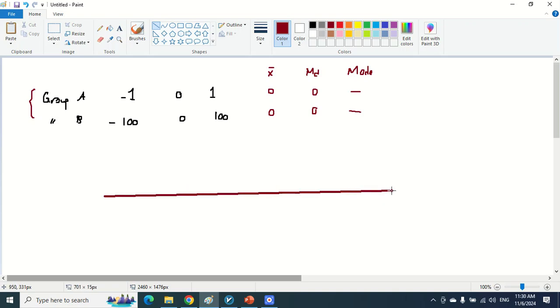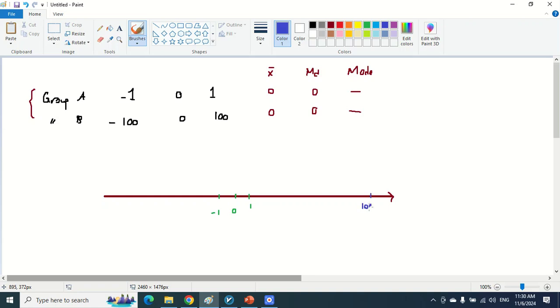Means that if I assume the real line over here, and I locate the points, the 0 is there, and we can consider 1 here and -1, this is the first group, but for the second one it's 100 and -100.